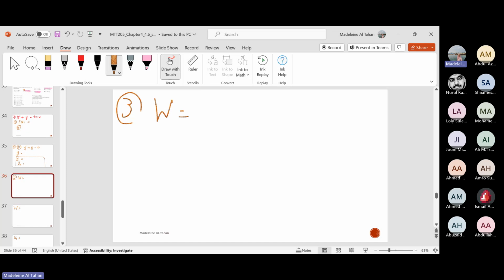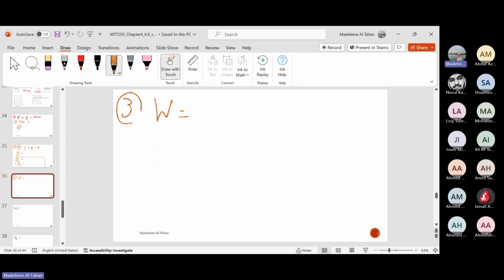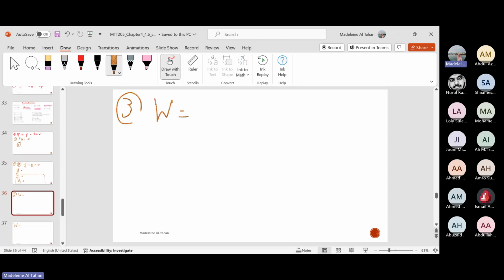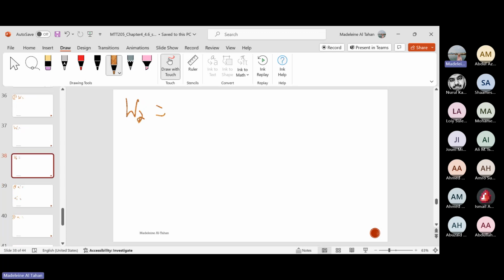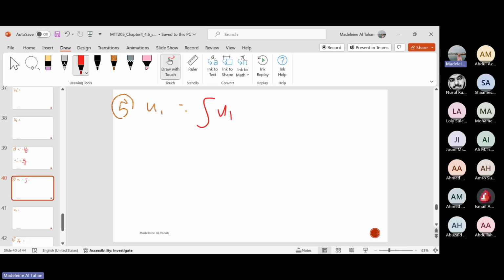Step number two, we need to find y1 and y2, which are the solution of the homogeneous differential equation. Then we will find W, W1, W2, then u1 prime, which is equal to W1 over W, and u2 prime, which is W2 over W. Then we will find u1, which is the integral of u1 prime, and u2, which is the integral of u2 prime.